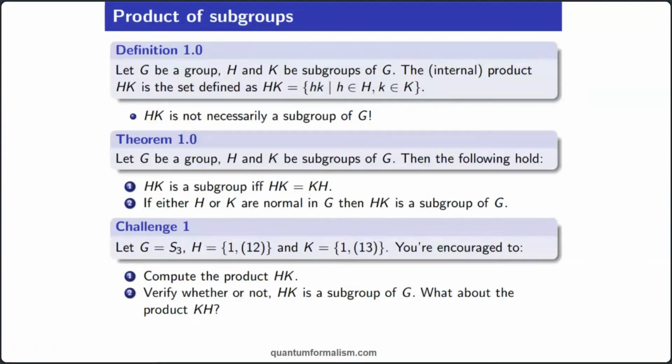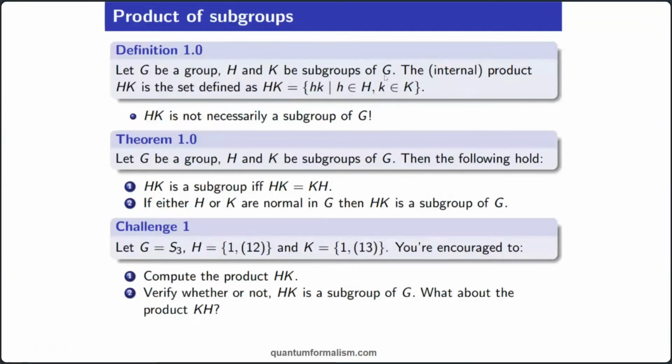The first thing I want to go through today is the product of subgroups, or internal product, because there is also something called external product, the direct product, as it's normally generalized. So suppose G is a group, and suppose H and K are subgroups of G. They don't need to be normal.